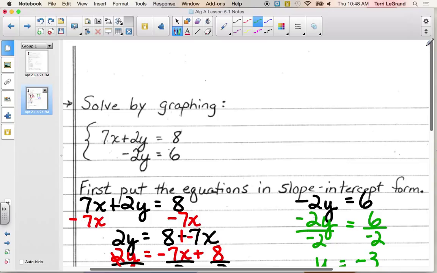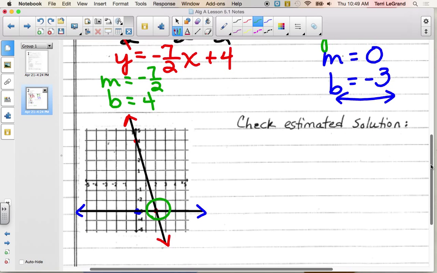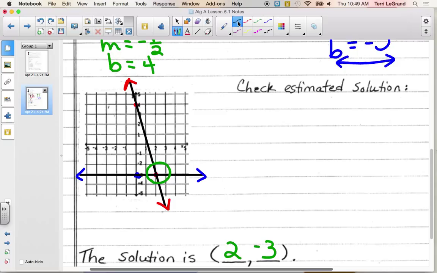Let's write those down. So 7x plus 2y equals 8. And the other one is negative 2y equals 6. Again, you have to check them in the equations as they started.